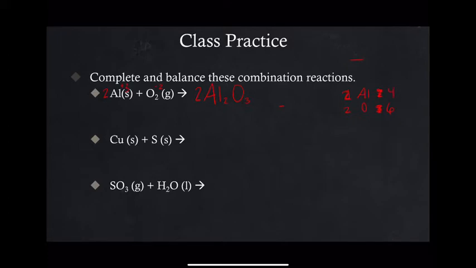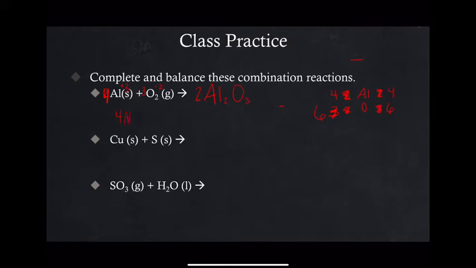And then if we put a 4 here, that'll give us 4 aluminums, okay? And then if we put a 3 here, that'll give us 6 oxygens. And so that would balance everything out properly.